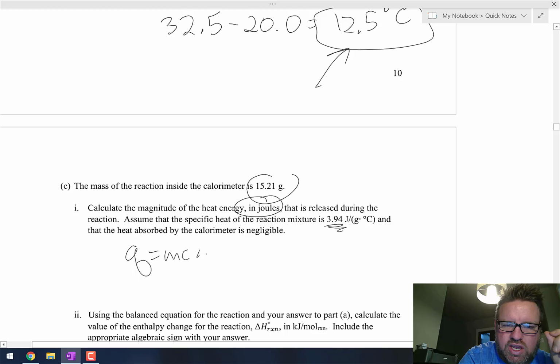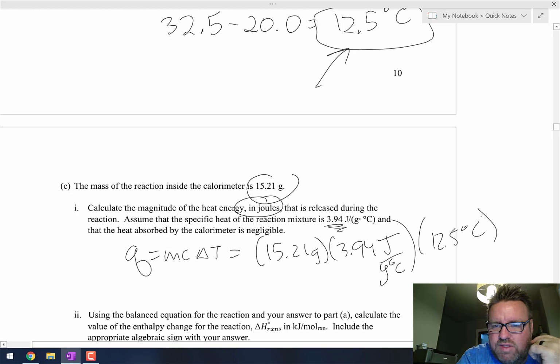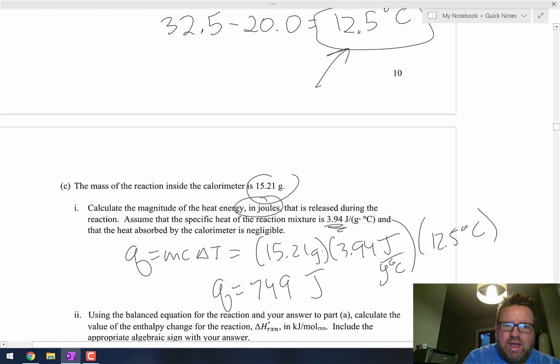So Q is just equal to mC delta T, which is 15.21 grams times 3.94 joules per gram Celsius times the temperature change of 12.5 degrees Celsius. So 15.21 times 3.94 times 12.5 equals a Q value of 749 joules. And when they say the magnitude, that just means how big it is. It doesn't mean you don't have to be negative or positive there.